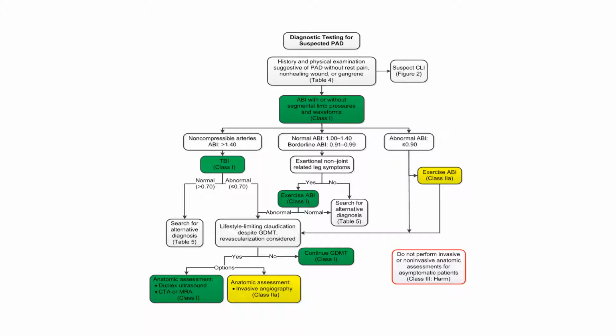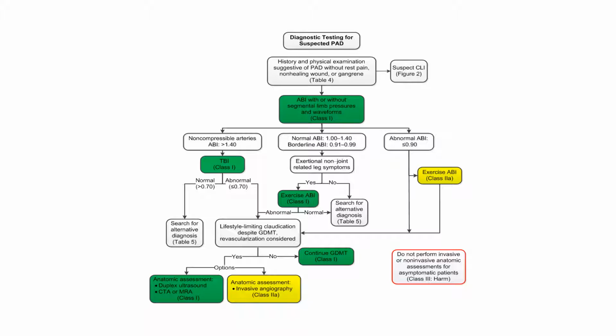If the ABI is normal or borderline normal, then we find out, do the patients have the related leg symptoms? If it's yes, then we encourage them to exercise. If it's no, then we search for an alternative diagnosis. If the abnormal ABI is less than or equal to 0.90, then we go down the algorithm and we refer them to vascular.